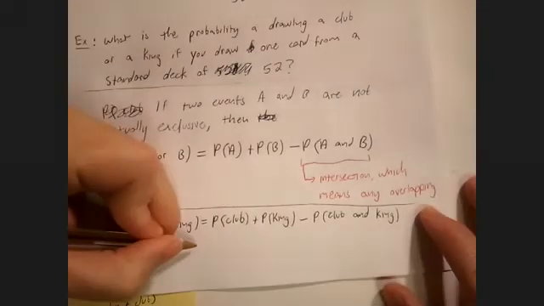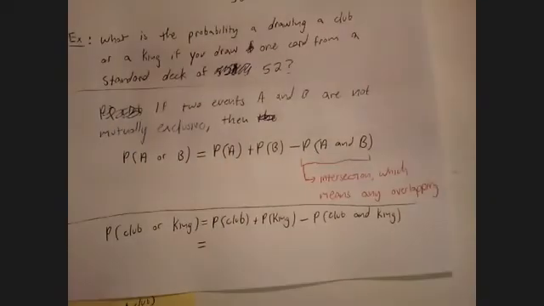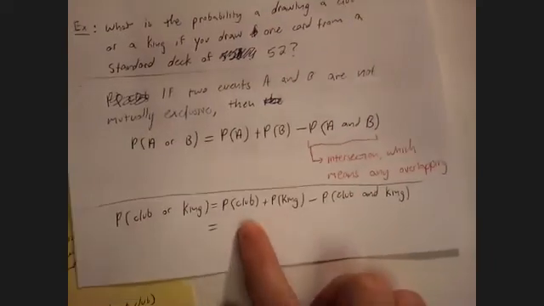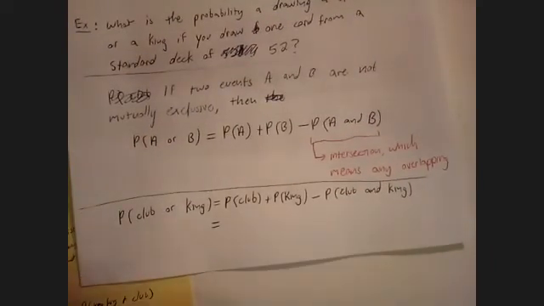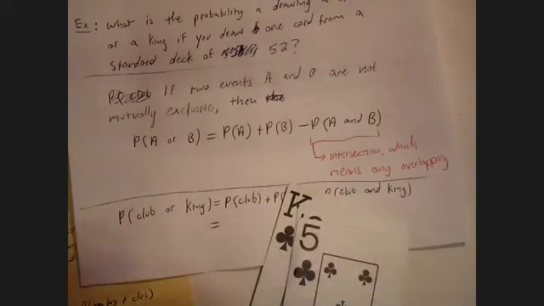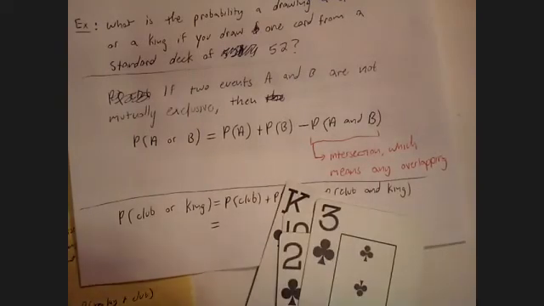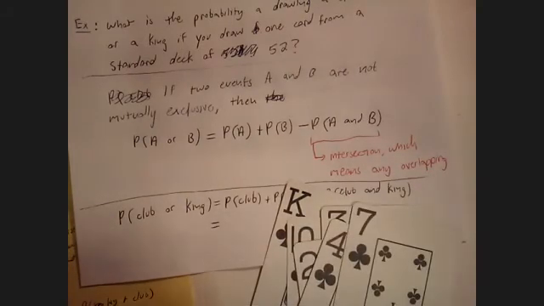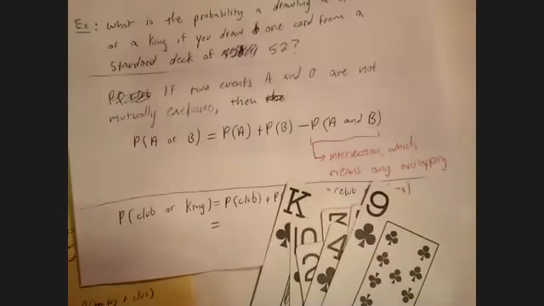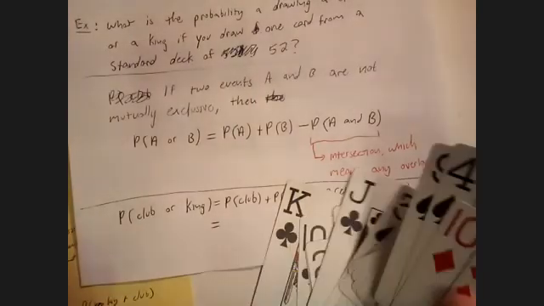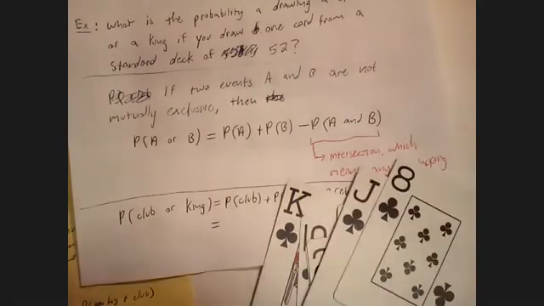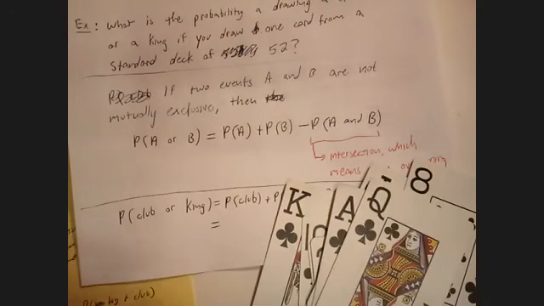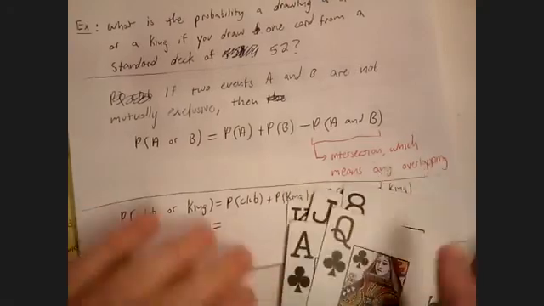So what I'm going to do is I'm going to show you. We're going to pick out all the clubs. Okay, you know there's 13, but all right, I'm finding all the clubs in this deck. Okay, so I've got all my clubs.